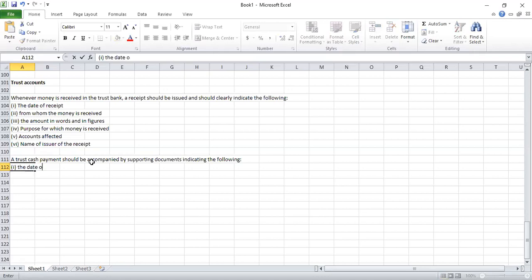The date of the payment, to whom the EFT is made, the account affected. For example, if it's salaries, you have to state salaries. The reason for payment: the salaries are being paid for work done during April. And the amount of the transaction must also be included there.